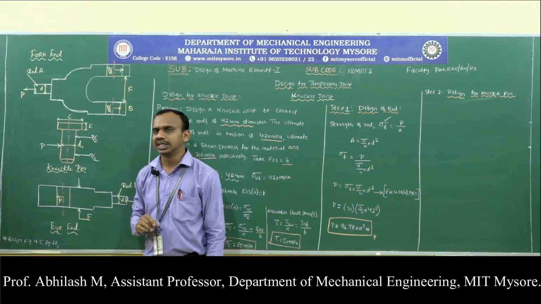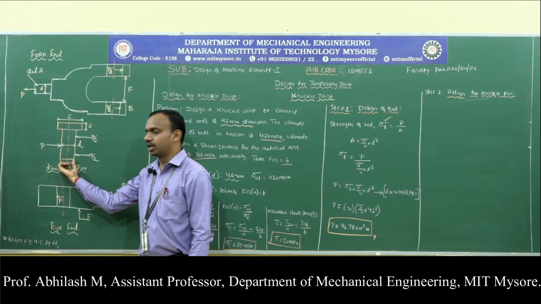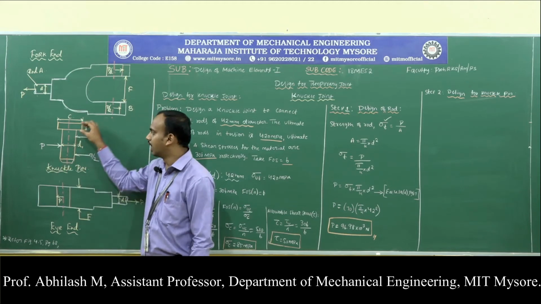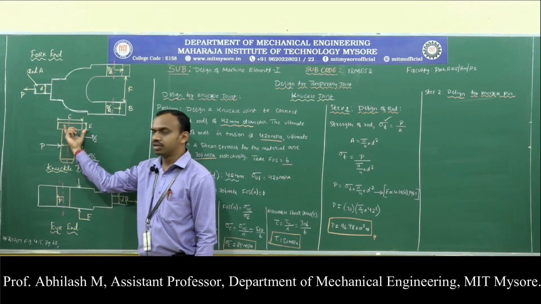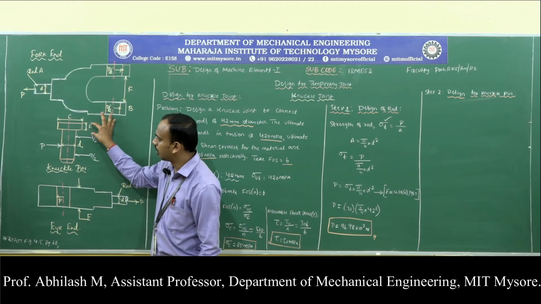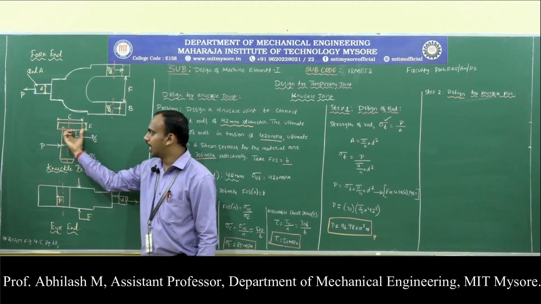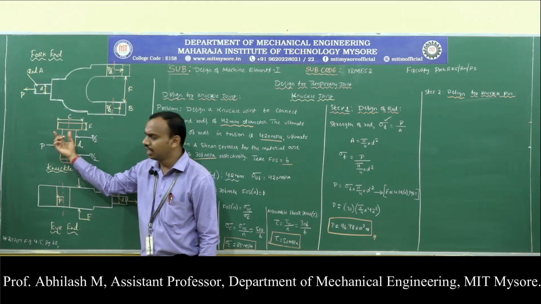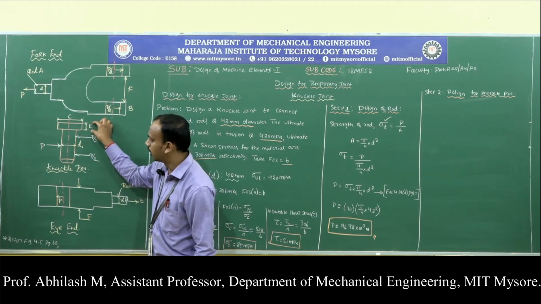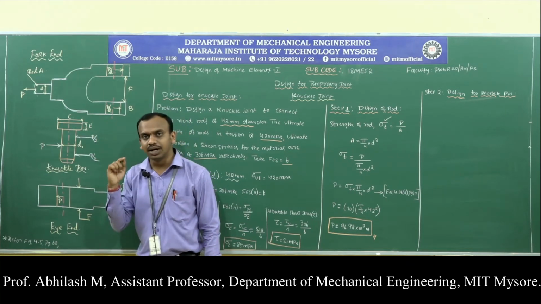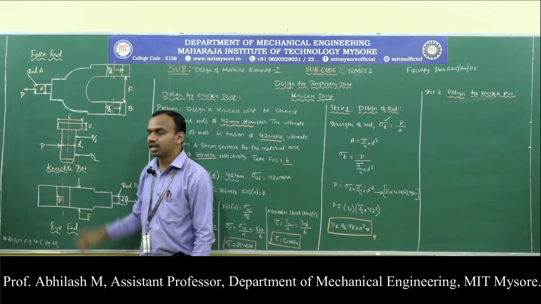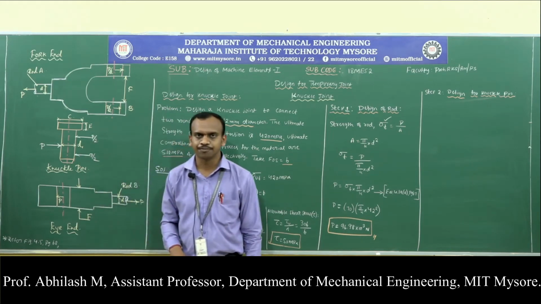The knuckle pin basically consists of the diameter D1, and it has a head having a diameter of C and a thickness of E. So the head diameter is given by the term C and the thickness is indicated by the term E, and the knuckle pin diameter is given by the notation D1.